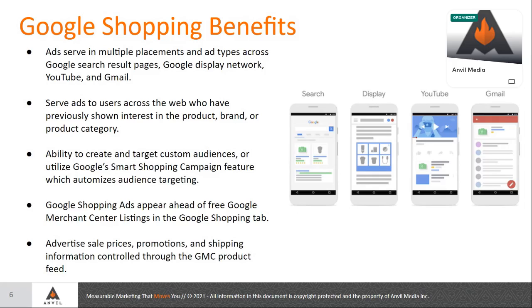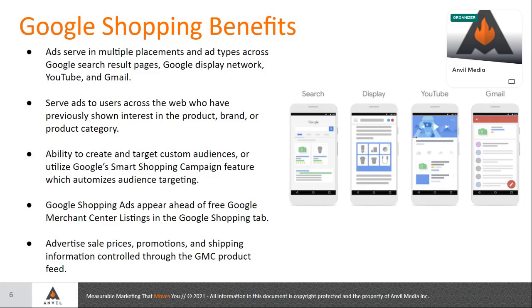It can also serve to users who have searched for similar products, or specifically products in the same category that might be from a different brand. So that's a good way to do some even competitive conquesting, where you can get your products in front of users who might be researching and contemplating a purchase decision around a different product within the same category that might be offered by a different brand.